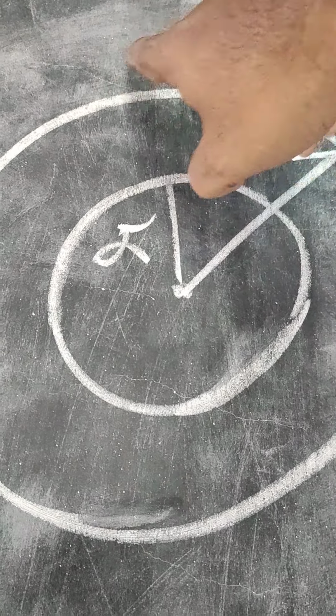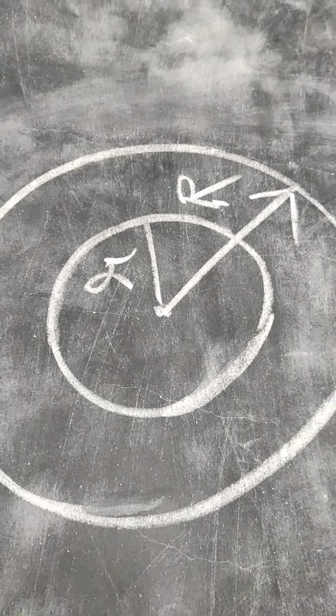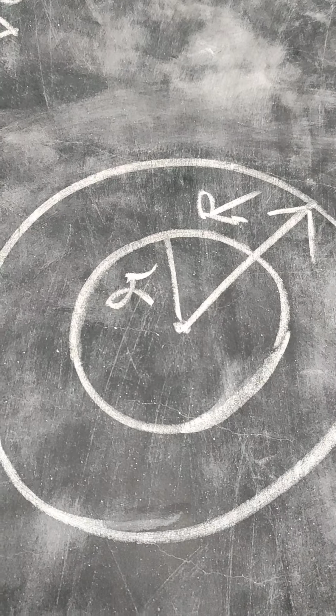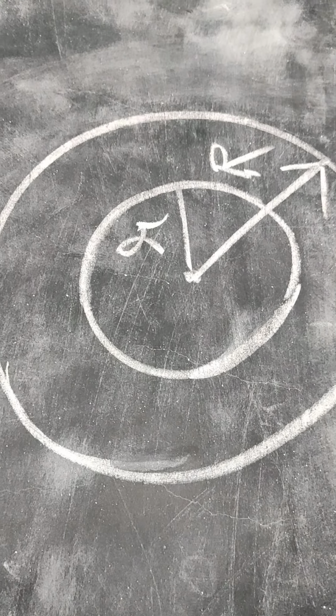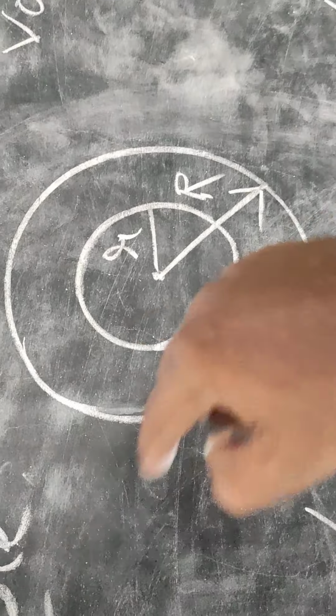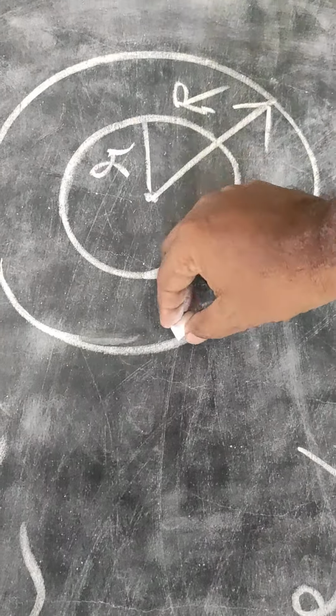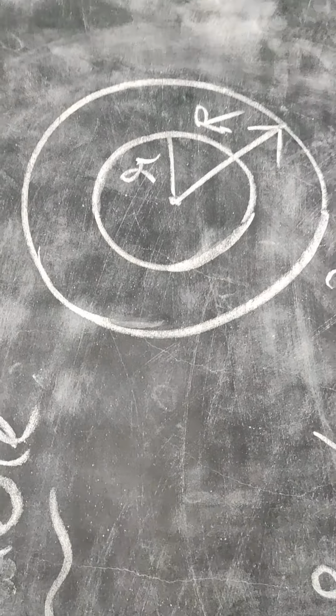So capital R is the radius of the outer circle, and small r is the radius of the inner circle. Now what will be the volume of the metallic part of the hollow sphere?